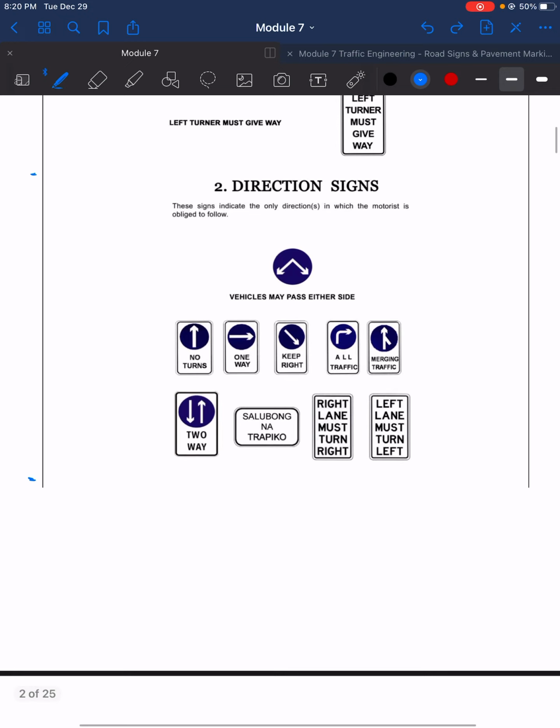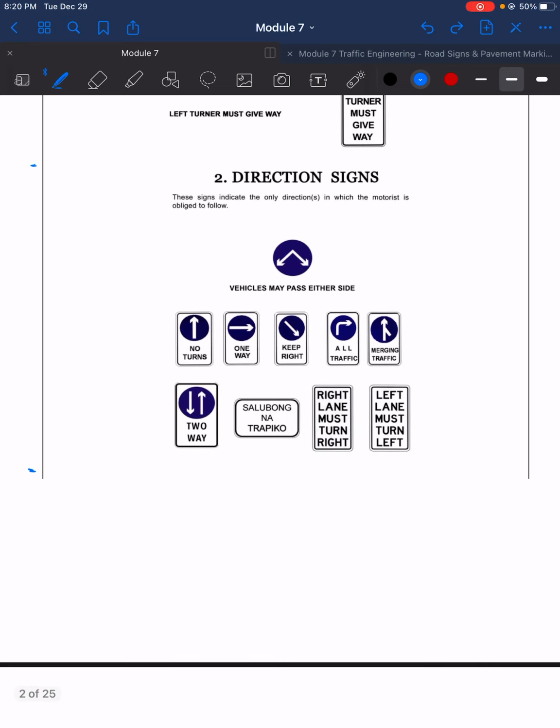Next, we have the direction signs. These signs indicate the only directions in which the motorist is obliged to follow. So the first one here is vehicles may pass either side, no turns, one way, keep right, all traffic, merging traffic, two-way, sa lubong na trapiko, right lane must turn right, left lane must turn left.